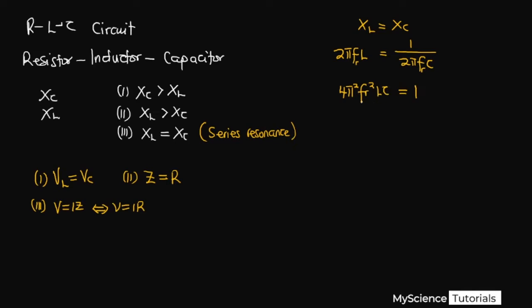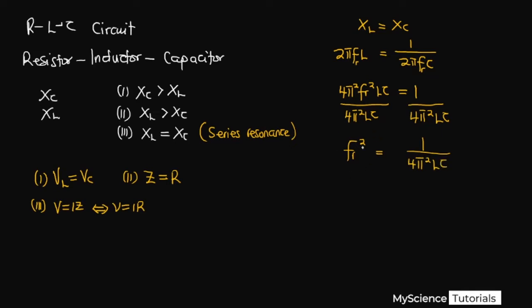Because we want to make resonant frequency the subject, we divide both sides by 4 pi squared LC. So we have resonant frequency squared equal to 1 over 4 pi squared LC.